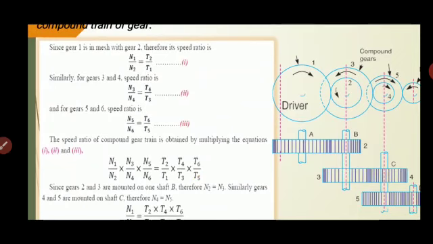If we write it mathematically with the velocity equations, gear 1 meshes with gear 2, so the velocity ratio is N1 by N2 equals T2 by T1. Gears 3 and 4 mesh, therefore the velocity ratio is N3 by N4 equals T4 by T3. And gears 5 and 6 mesh, therefore the velocity ratio is N5 by N6 equals T6 by T5.